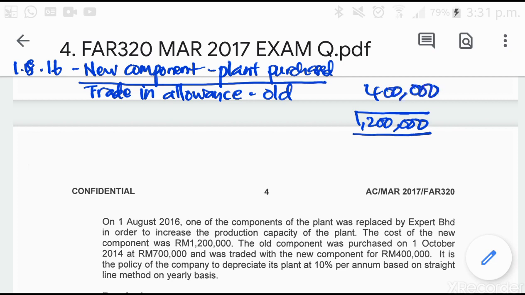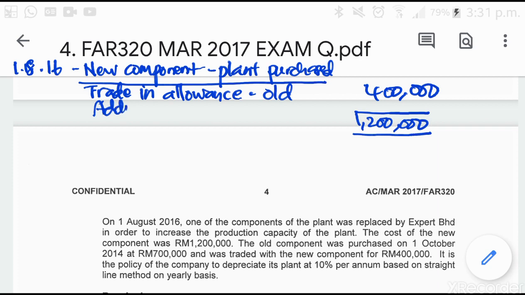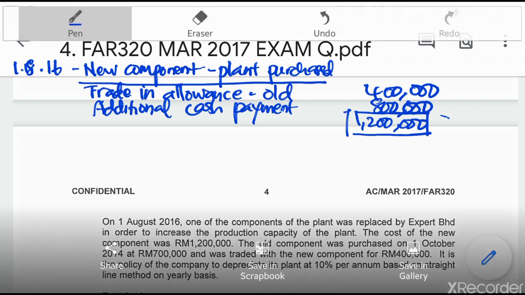So the additional cash payment needed is going to be 800,000. And this 1.2 is the one in terms of journal entry.